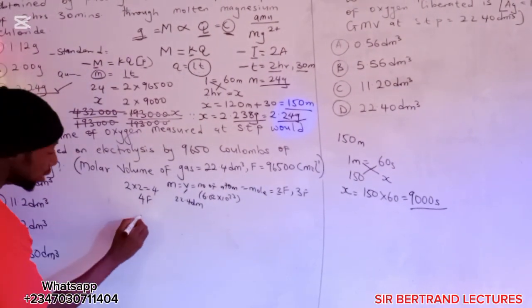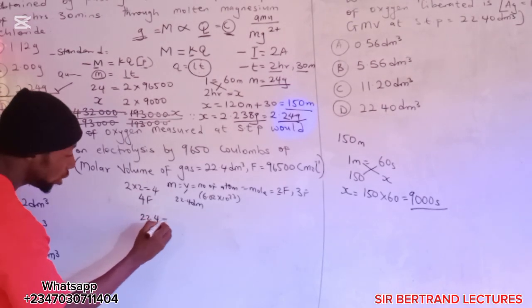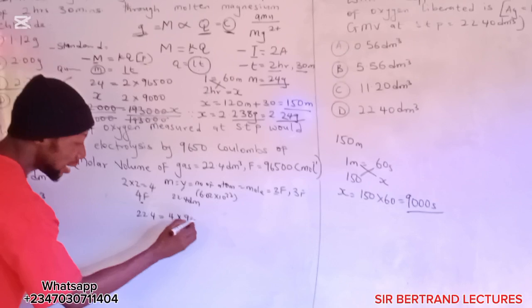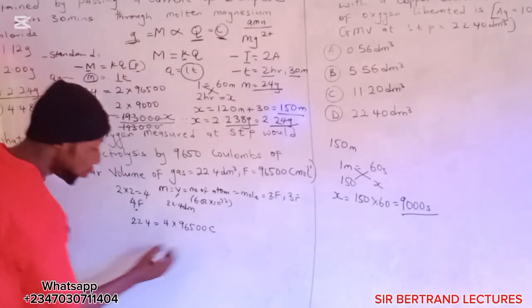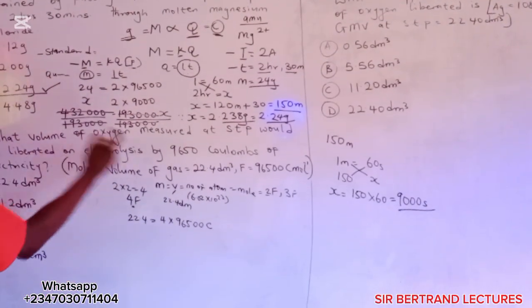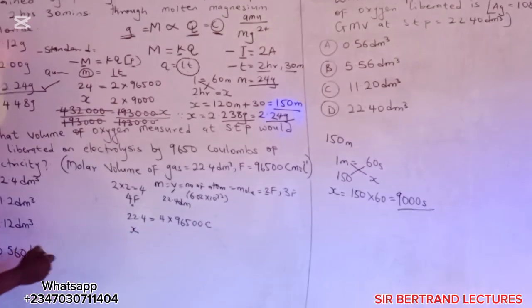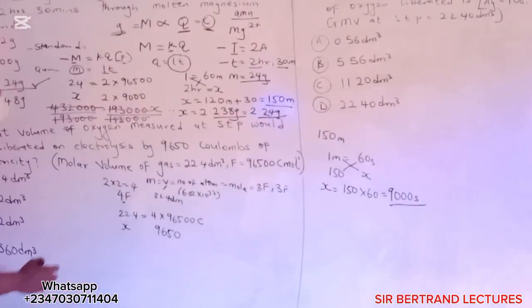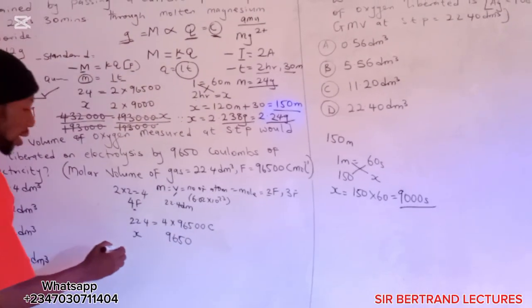So 22.4 is equal to 4 farad. 1 farad is 96500 coulombs. You are looking for the volume that will liberate 9650. So what are you going to do next now?